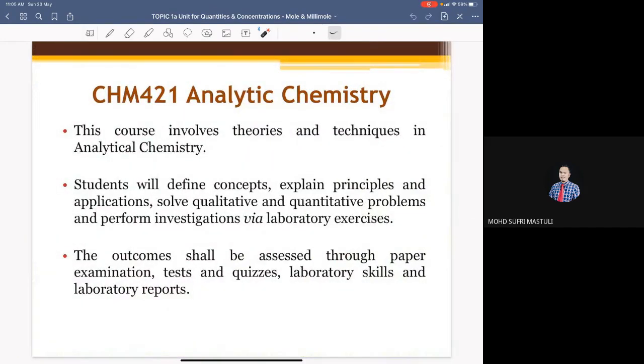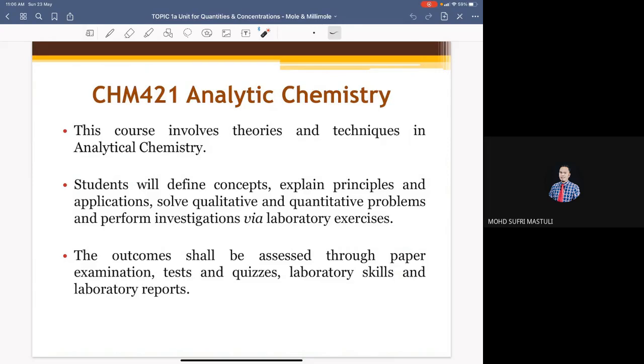For every topic, I would like to start by reminding you about the description of the subject and also the course learning outcomes, in order to make sure all the students understand what this subject is all about.